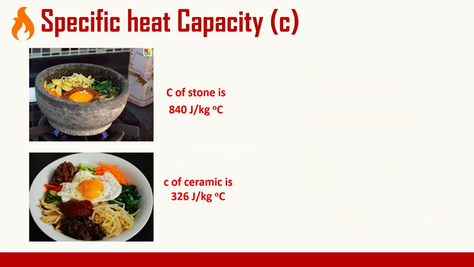Okay, let's go back to the bibimbap. Now, if you compare the specific heat capacity of the stone, that is 840, for the ceramics, it's smaller. So what does it mean? Which one will get colder faster? This one with the smaller specific heat capacity.